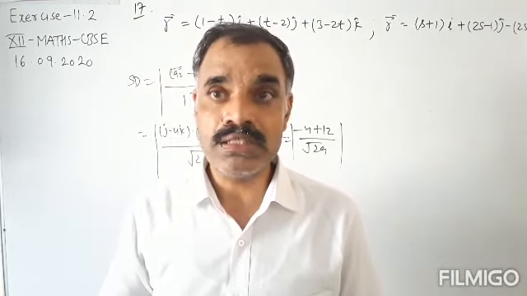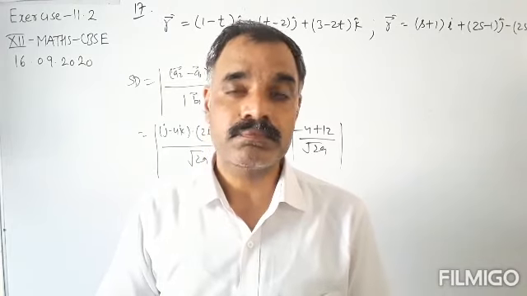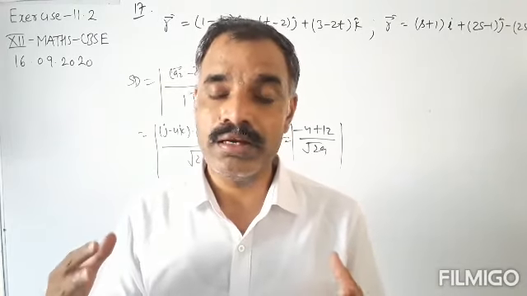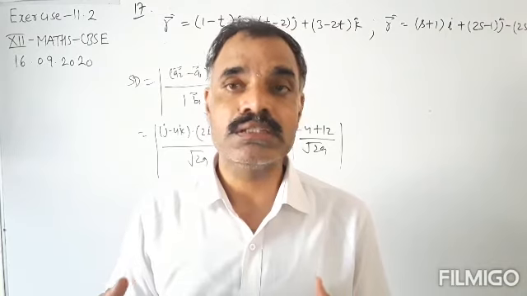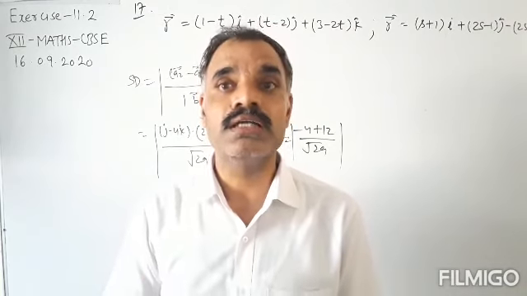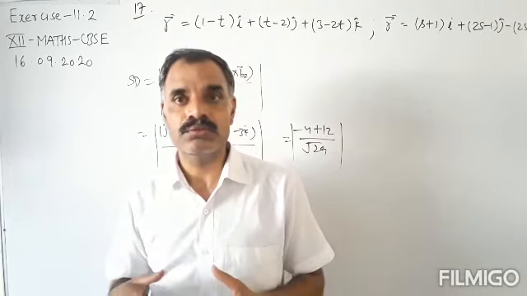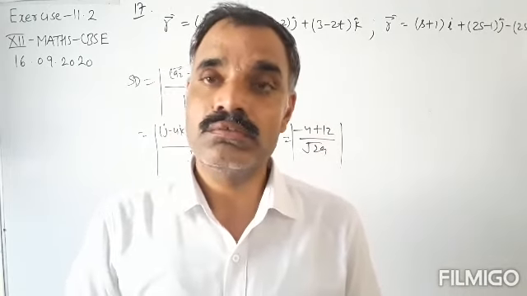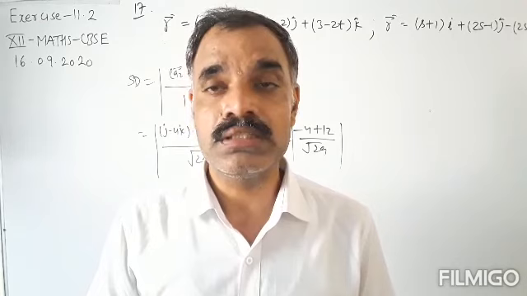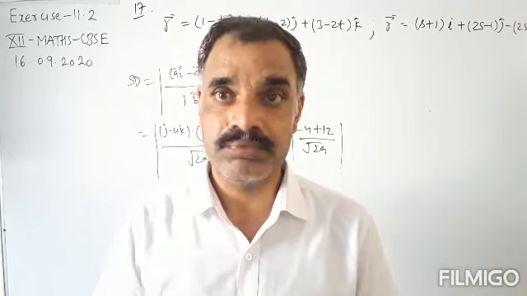All these are very important, and mostly the shortest distance between two lines is more important, though the others are also important. So practice all these questions again and again so that you get perfection.